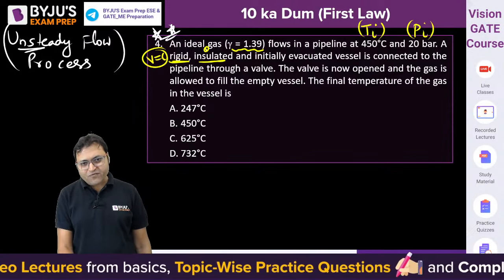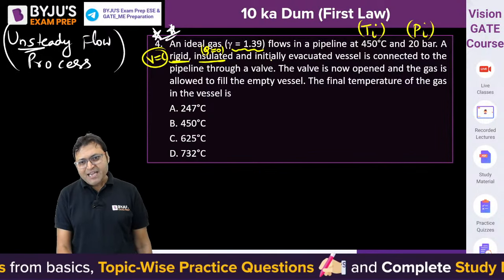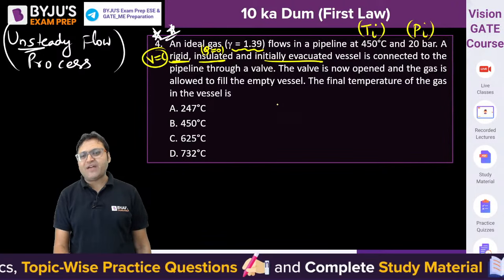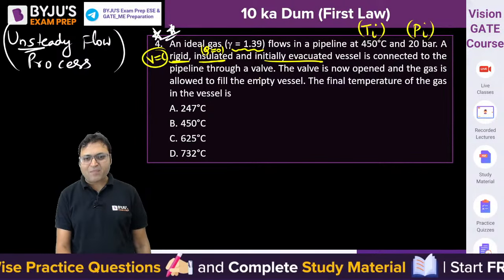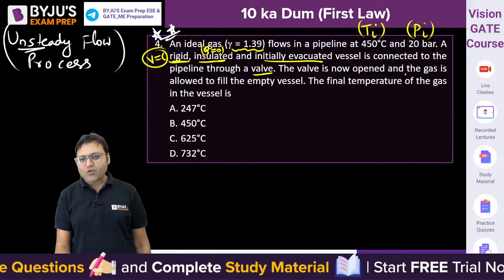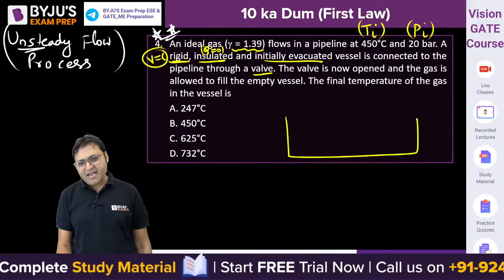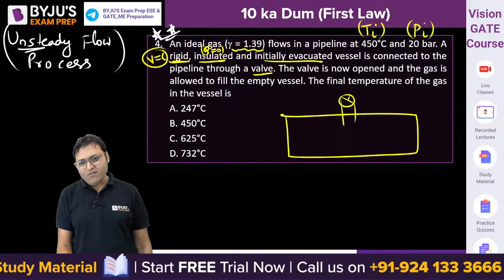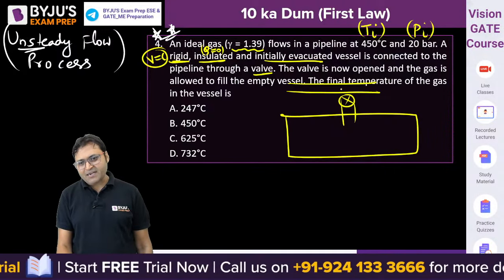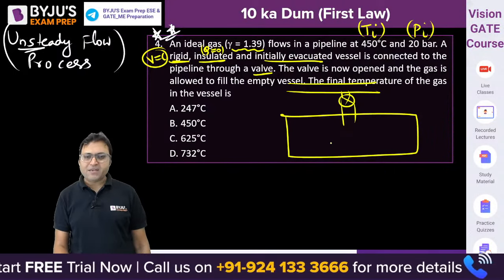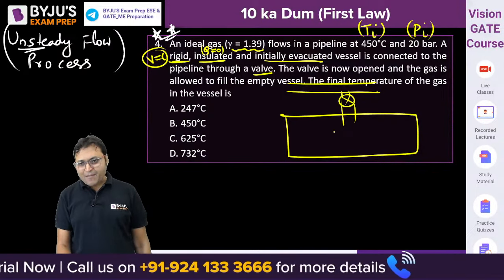Insulated, what is the meaning of insulated? There is no heat transfer, and an initially evacuated vessel is connected to this pipeline through a valve. The valve is now opened and the gas is allowed to fill the empty vessel. There is an empty vessel and a valve, and this is the pipeline. This is how it is happening. The final temperature of the gas?